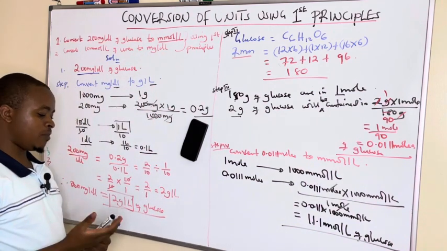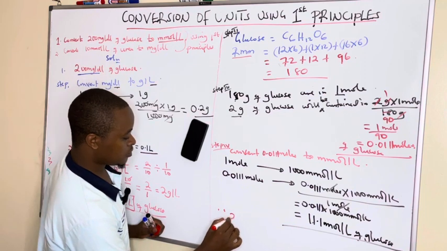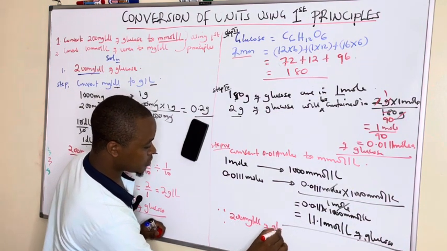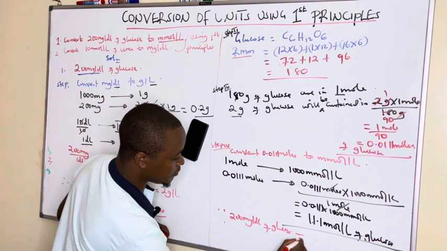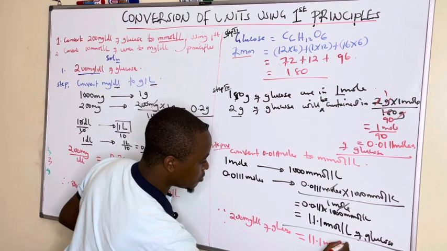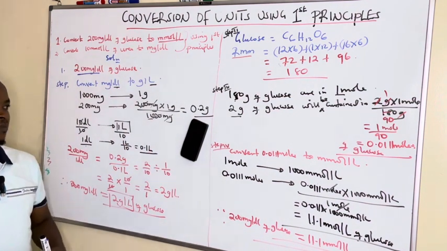So we shall conclude by saying therefore 200 milligrams per deciliter of glucose is equivalent to 11.1 millimole per liter, and we conclude our calculation.